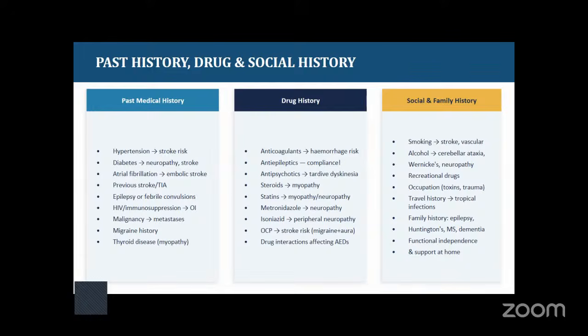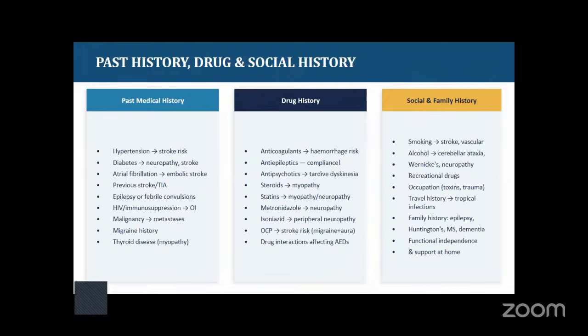You want to characterize any risks that the patient has to developing neurologic events, especially hypertension, diabetes, dyslipidemias for strokes, atrial fibrillation, that is, if they have been previously diagnosed with cardiovascular disorders like AFib, a patient who has a history of a prior stroke or a TIA, patients who have a history of epilepsy, whether it was in their childhood or just any recent history. So we want them to report that.